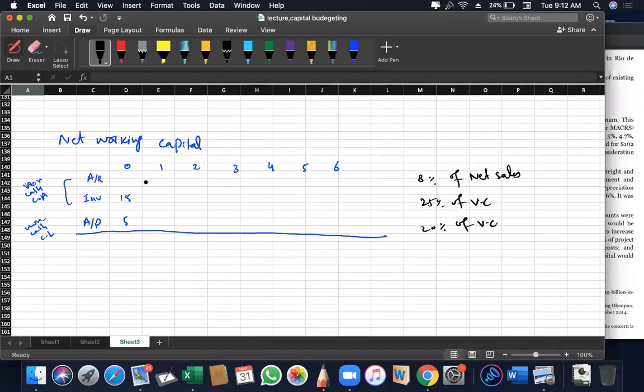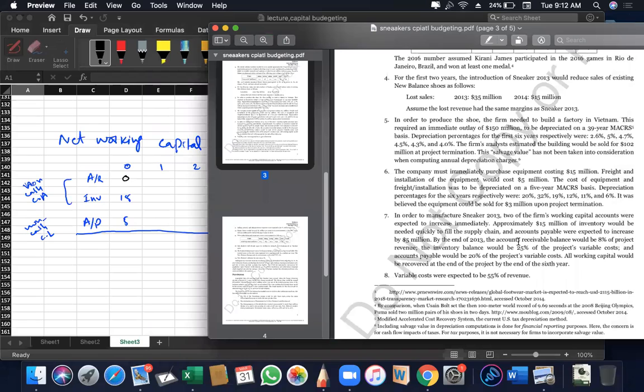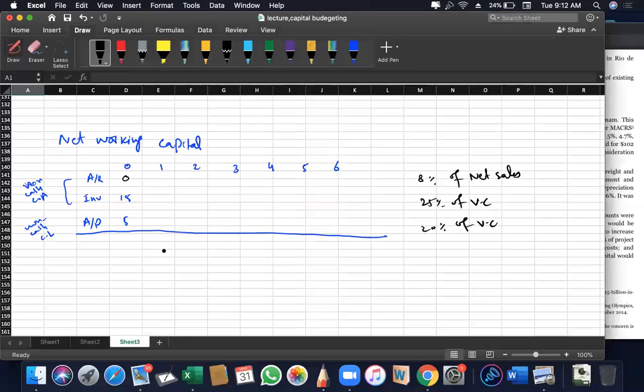So at point 0, we don't need account receivable, so here it is 0. But for the remaining years, it is stated that by the end of 2013, the account receivable would be 8% of project revenue, the inventory balance will be 25%, and accounts payable will be 20% of project revenue.